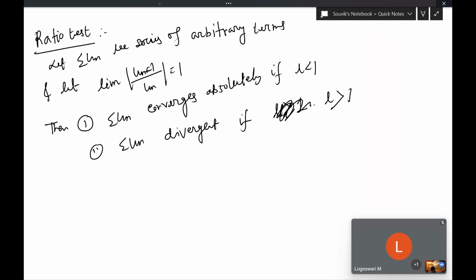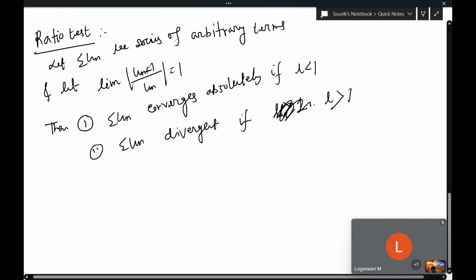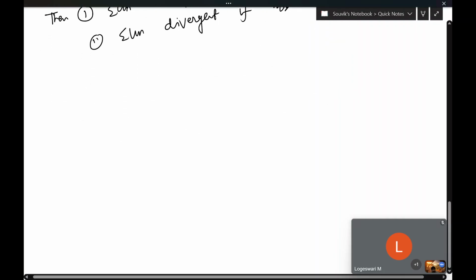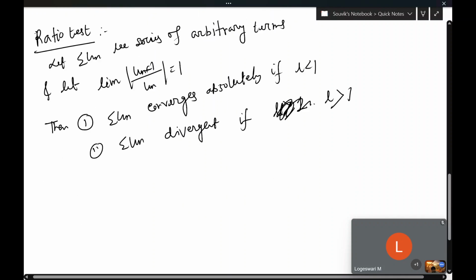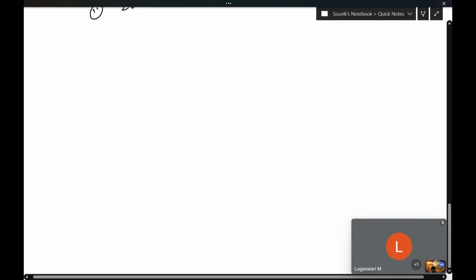Before giving an example, there is another similar test, which is known as the root test.